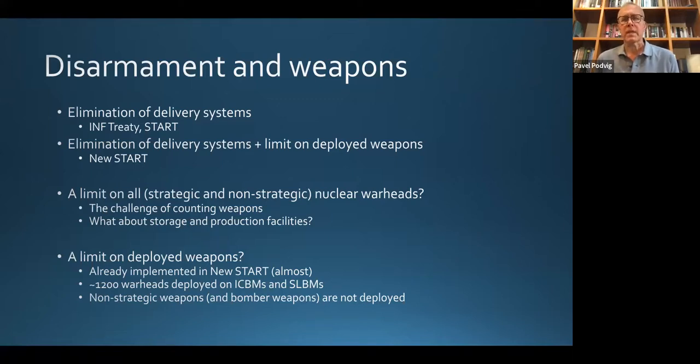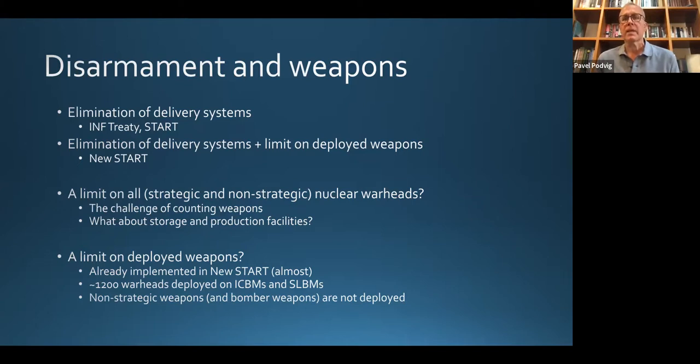The idea, of course, is that Russia has 1,000, 2,000 non-strategic warheads, and the United States has like from 150 to 300. So there's this disbalance, and it's always a good political point to say that we need to limit all weapons, although there is a disbalance in strategic non-deployed warheads, but that's a different issue. Theoretically, you could think about something like that, and it is not necessarily a bad idea to limit all nuclear weapons.